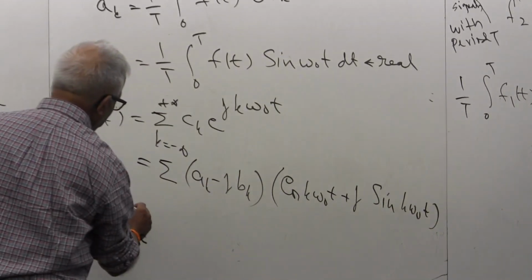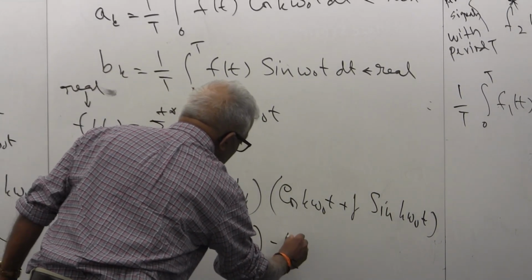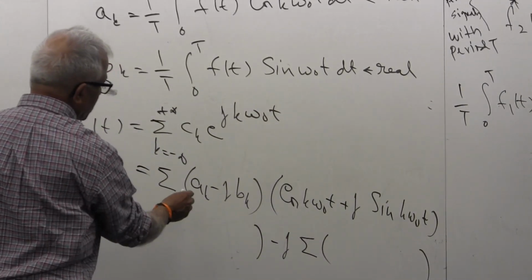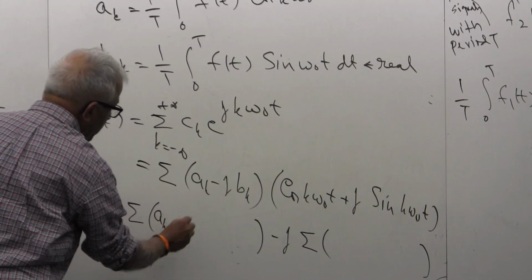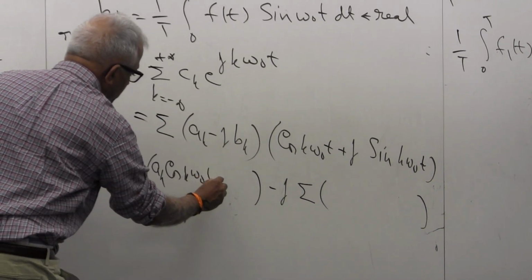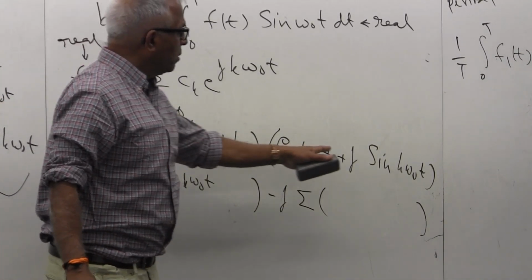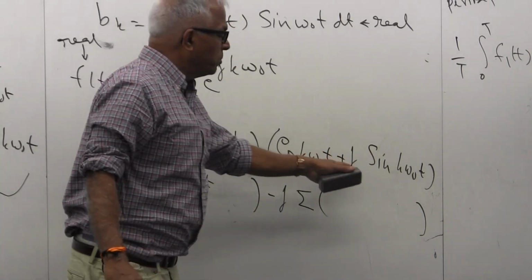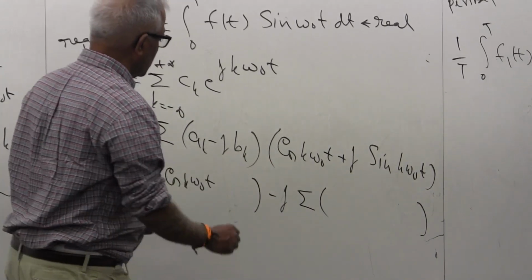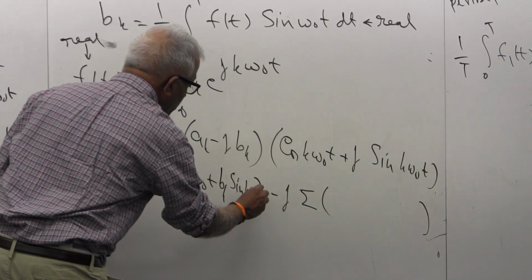Okay, you can do the multiplication. There will be some real terms and some imaginary terms. What are the real terms? Look at here, Ak multiplied by cos, so Ak cos k omega naught t, and minus jBk multiplied by j sin: j multiplied by j is j squared, with the minus sign, what do you get? Plus 1. So this is Bk sin k omega naught t.